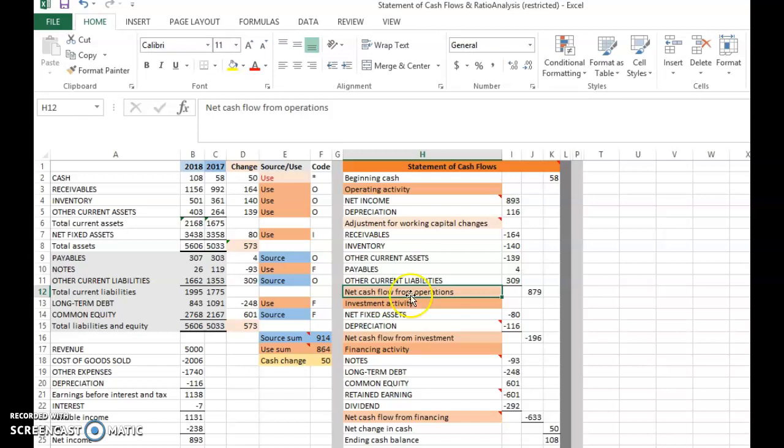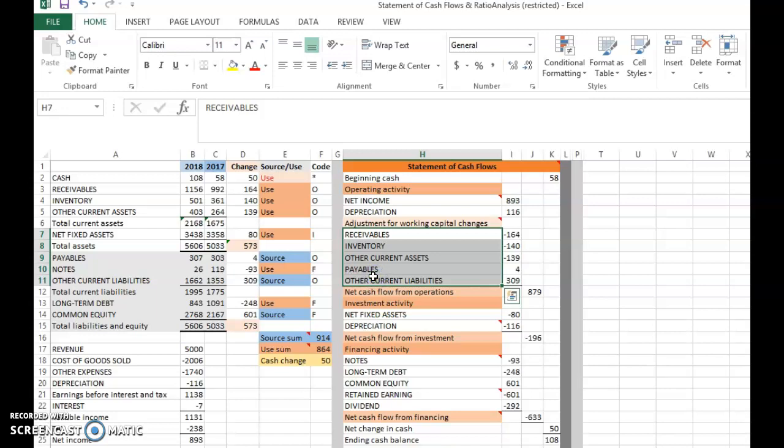Now, this is the cash flow from operations, or operating activity. Net cash flow from operating activity will be $879 million. So this is the amount that the company makes from the operations. Operations here include what the company earns from its operations, from net income, adjusting for depreciation because depreciation is not a cash outflow, then making adjustments for the working capital.